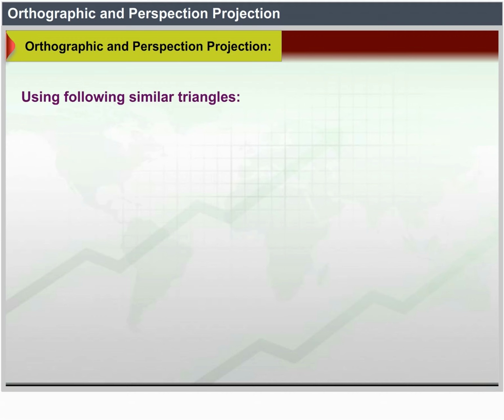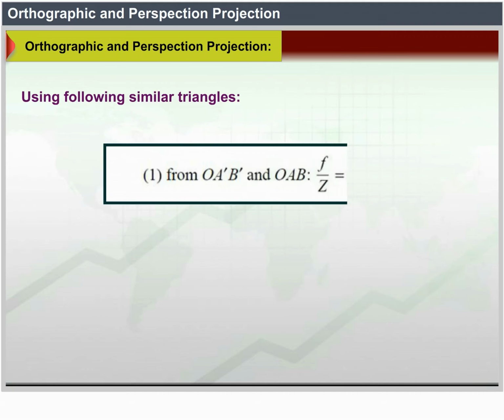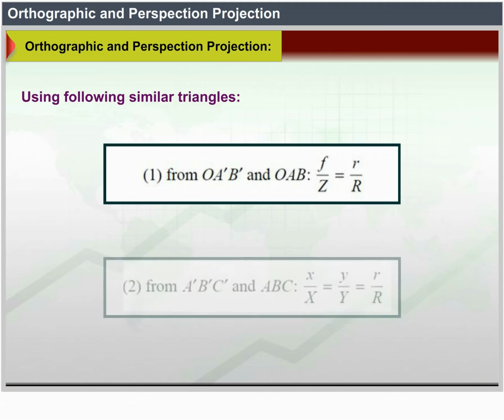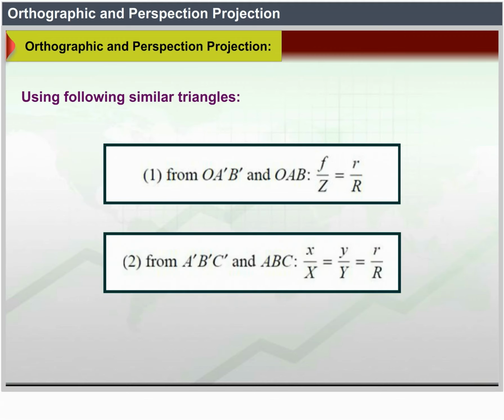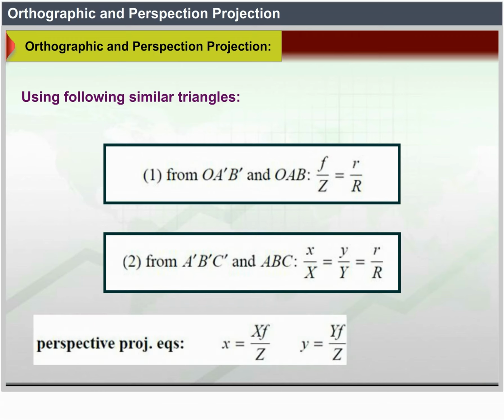From OA'B' and OAB, f by z equals r by capital R. From A'B'C' and ABC, x by capital X equals small y by capital Y equals small r by capital R. Perspective projection equations: x equals Xf by Z, y equals Yf by Z, z equals f.